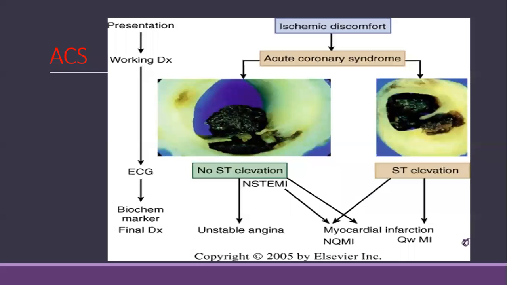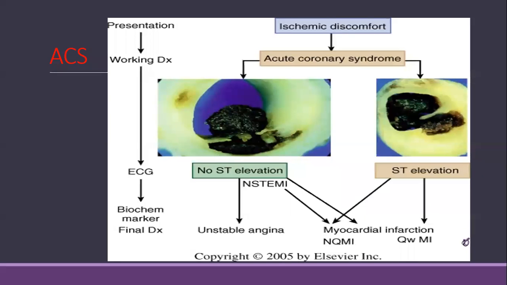Meanwhile, you see in the upper part of this figure there is a presentation, meaning the patient presents with ischemic discomfort. He has chest pain, chest discomfort, shortness of breath, or any angina equivalent. So this is the patient presentation, and you are working on this patient, making the diagnosis and treating the patient. When the patient presents with ischemic pain, your working diagnosis will be acute coronary syndrome.